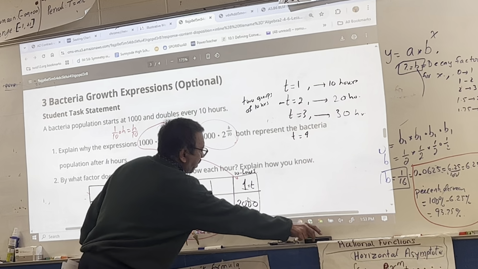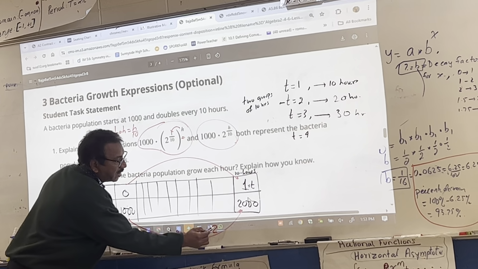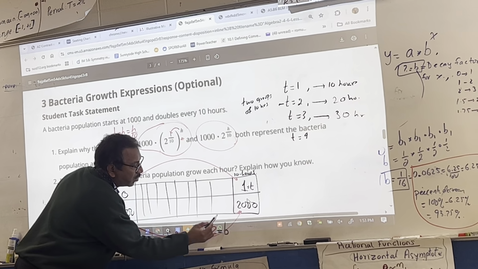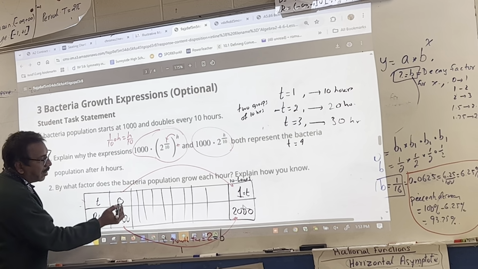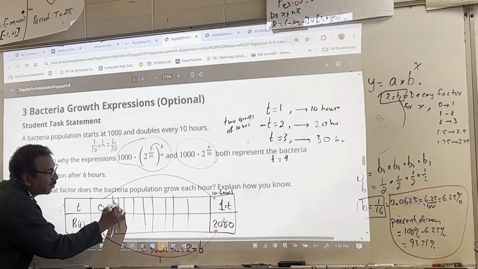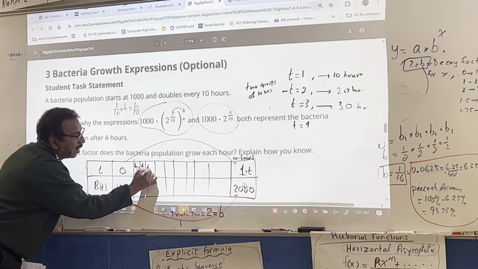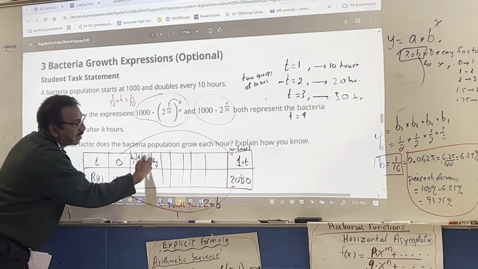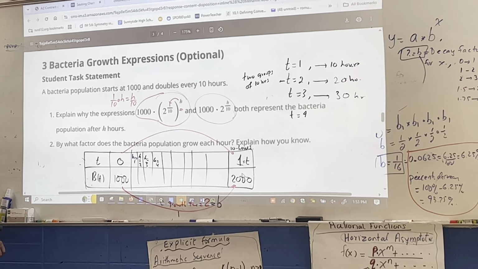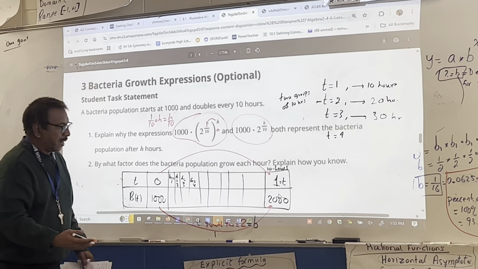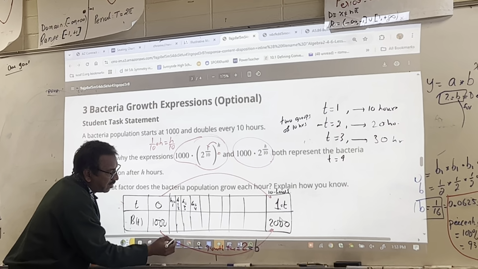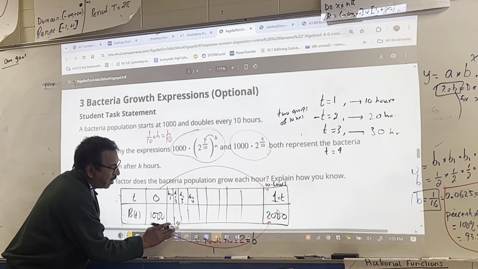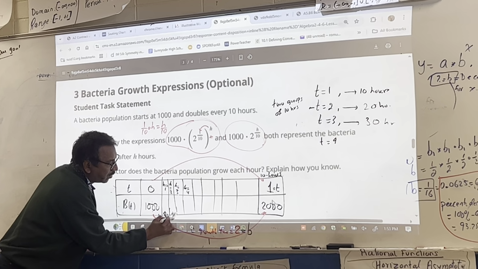So the growth factor b is 2, but the next question is, by what factor does the bacteria population grow each hour? That means this is h equals 1, this is h equals 2, h equals 3, h equals 4, like that. If you think of only hours, then what is the factor? Every time there are 10 increments, so one increment from here to here will be 2 raised to 1/10.